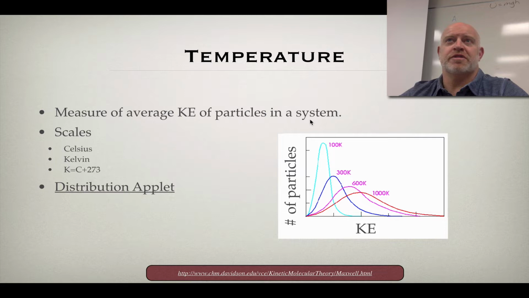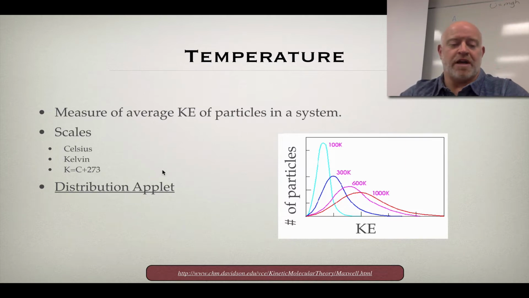I'd love to have some 0 degrees Celsius around this time of year in the middle of winter. A lot of times we get -5, -10 degrees Celsius here in January, which is kind of cold. Anyway, when we measure that, every single particle of gas out there does not have the same amount of energy. If we average all of the energies that they have, that gives us the temperature.